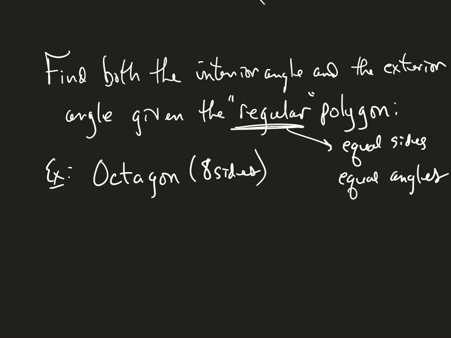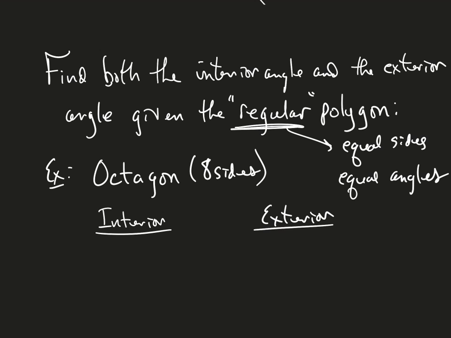And so I just want to show you how that's going to work. It's easier than it sounds. So I'll show you how to find an interior, and I'll show you how to find the exterior. Okay, one's a little easier than the other, although neither of them are too difficult. Okay, the theorem we just got through talking about today says that the sum of the exterior angles is always 360.